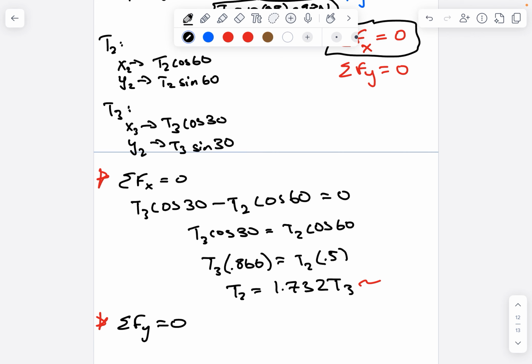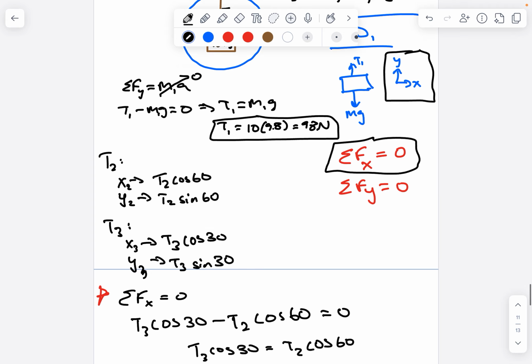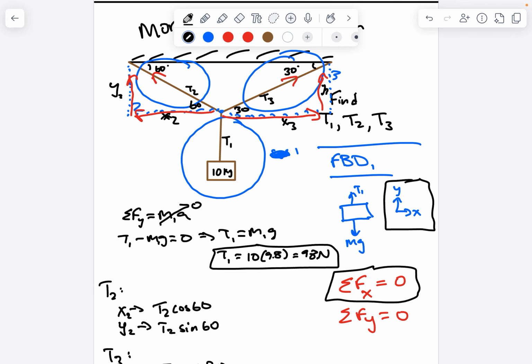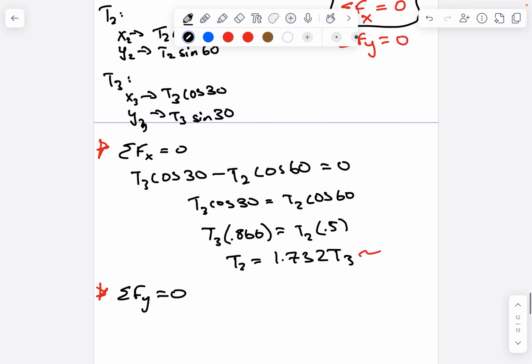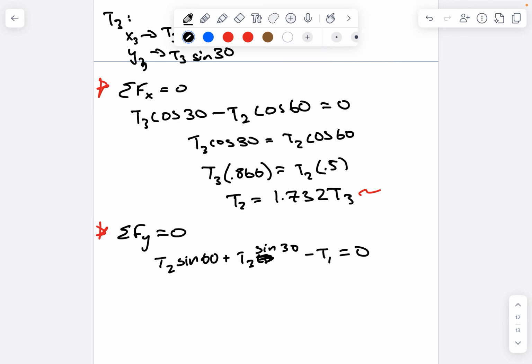Because both y2 and y3 point upwards, so they're in the positive direction, while T1 is in the negative direction, I'm going to write this is equal to T2 sine 60 plus T3 sine 30 minus T1 is equal to 0 because there's no acceleration.